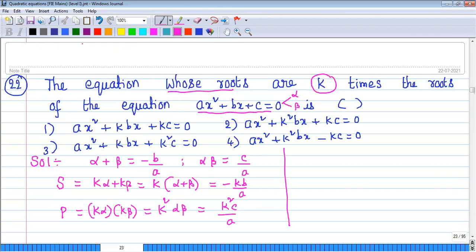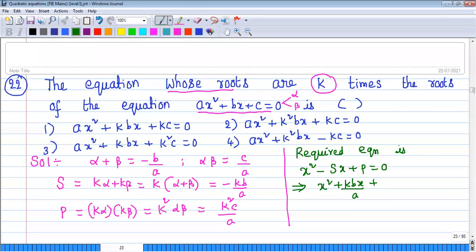Now the required equation is x square minus sum of the roots into x plus product of the roots is equal to 0. That implies the new equation is x square minus of minus kb by a, so that will be plus kbx by a, plus p, where p stands for k square c upon a, equal to 0.